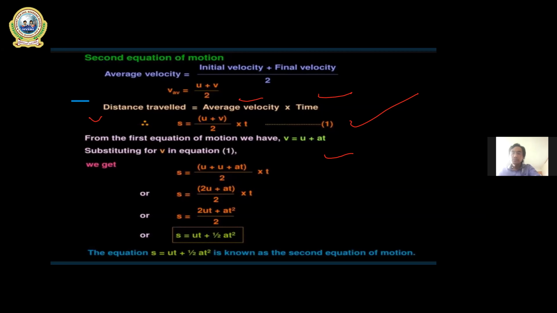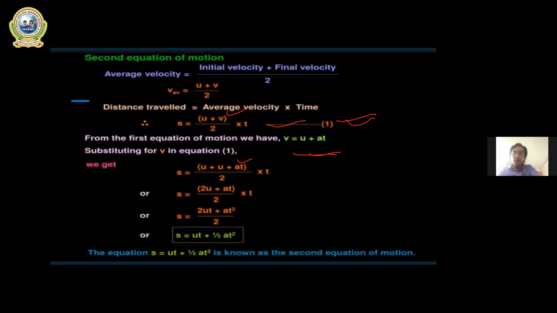Now using equation 1, s equals (u plus v) whole upon 2 into t, and putting the value v equals u plus at, we get s equals (u plus u plus at) whole upon 2 into t.